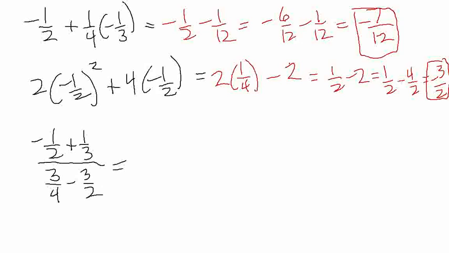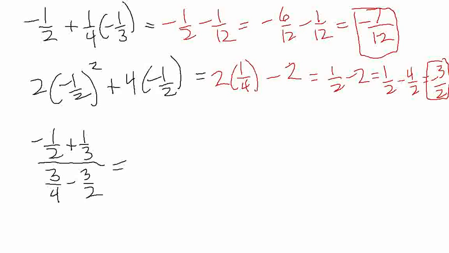Okay, and then for the last one, you can wrap the top and bottom around parentheses and write it as a division problem with regards to two parenthesis blobs and work it that way.